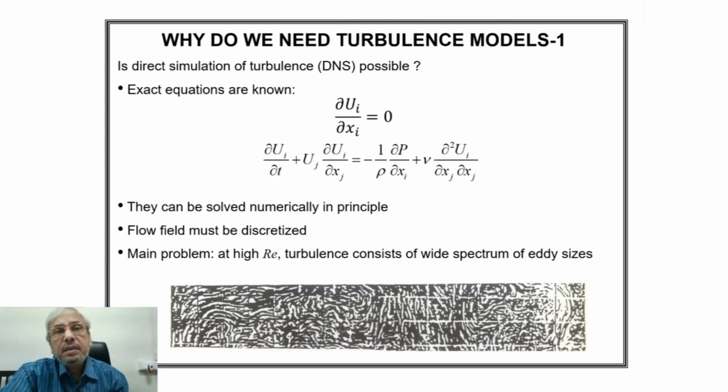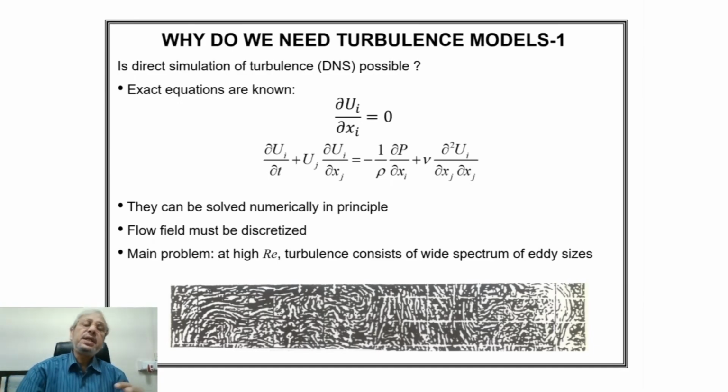But the minimum level of fluctuations, given by the time and length scale expressed by the Kolmogorov scale, can be a fraction of a millimeter.